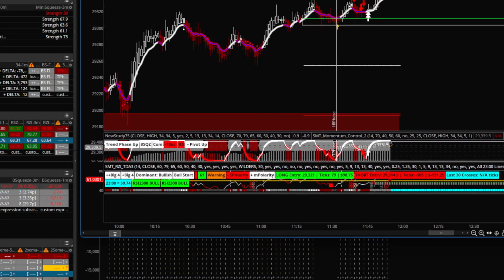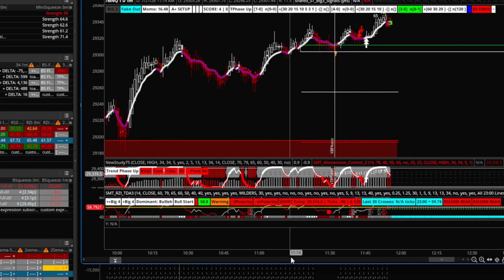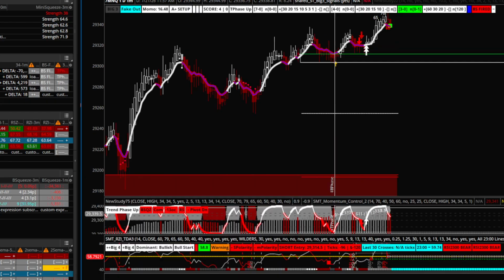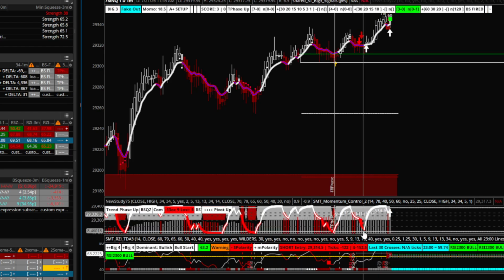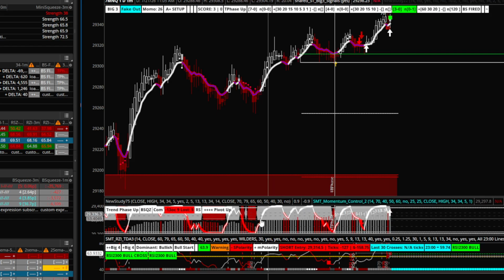I have many indicators that are just astounding. This one is fantastic. It's 100% perfect every single time. It gave a signal right here to get in, and you're completely in that trade. It's absolutely amazing.